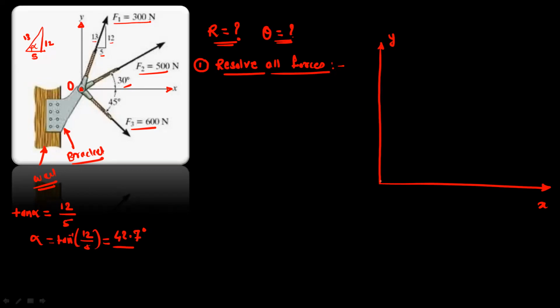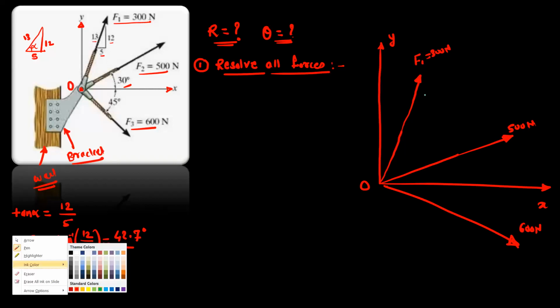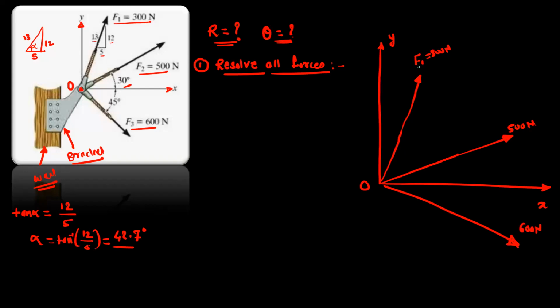So here this is the first force, which is F1 300 Newton. This is 500 Newton. And this is 600 Newton. Now we have to resolve these forces. So I will start from F1.